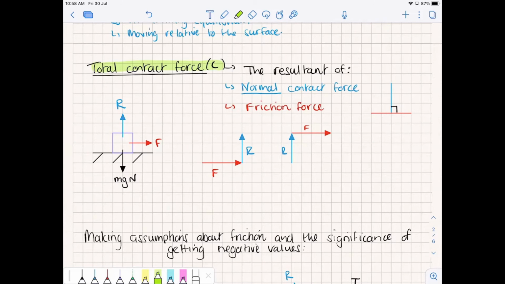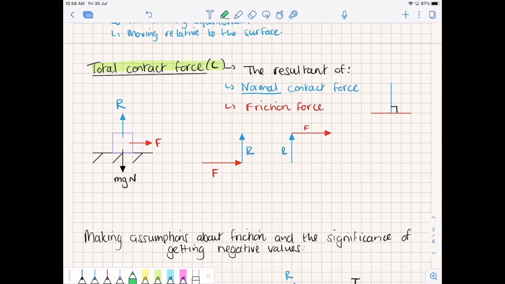And we've learned in the last lesson that if we have two forces and we want to find the result of those two forces, we can put the vectors end to end, and we can find the force that combines them.